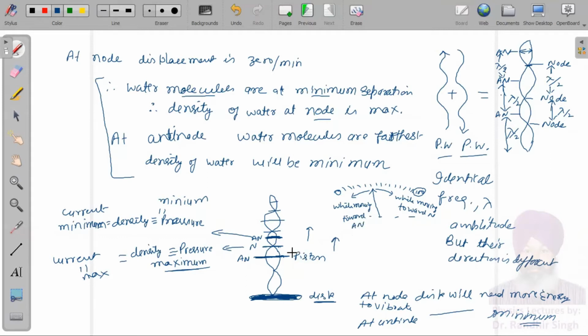So we can therefore find at which place current is maximum.